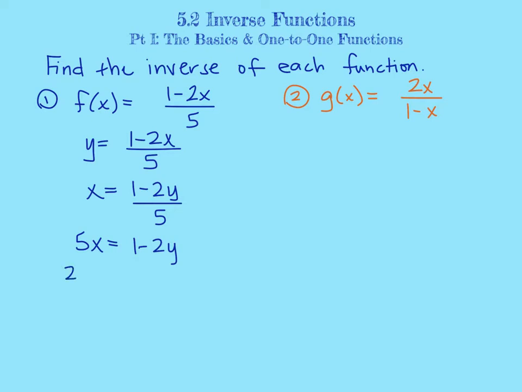So I'll add 2y and subtract 5x. Then the final step is going to be to divide everything by 2. So instead of writing y, since this is our inverse function, I'm going to write it as f inverse of x, and it equals 1 minus 5x all over 2.